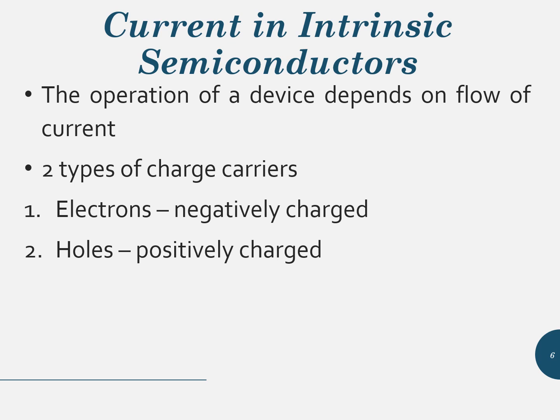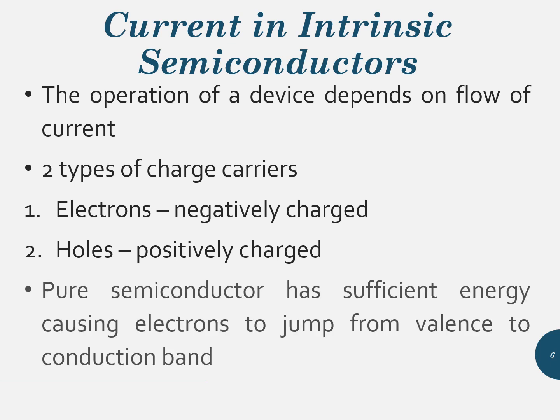At room temperature, a pure semiconductor has sufficient heat or thermal energy for some valence electrons to jump the gap from the valence band into the conduction band, becoming free electrons. These free electrons are also called conduction electrons.